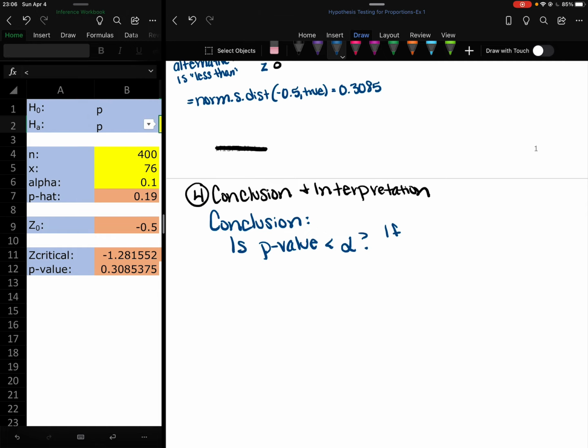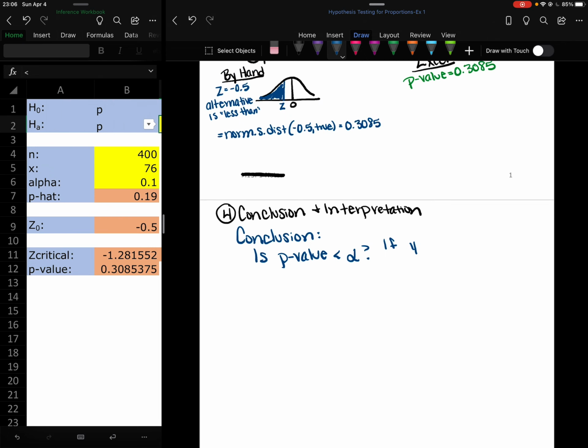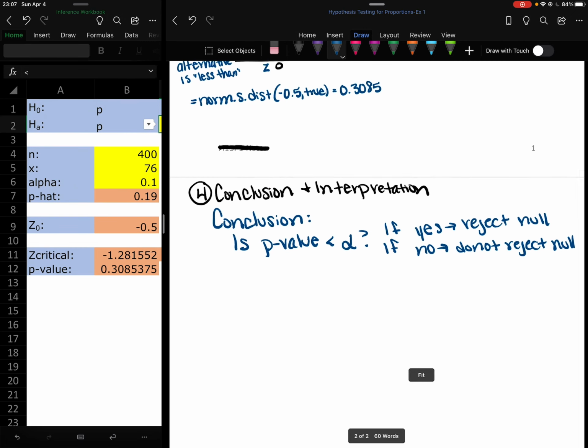If the answer is yes, then I reject the null hypothesis. If the answer is no, then I do not reject the null hypothesis.